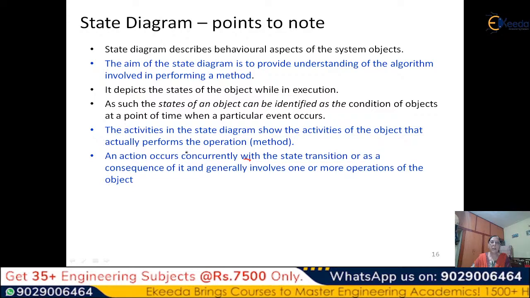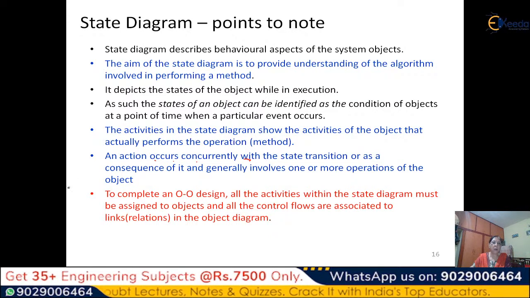I was telling you that it is dynamic: when the system is executing, when the objects are actually alive, that time we are trying to simulate that situation and create the states. And the states of an object can be identified as conditions. That we have all seen. So we'll go to the next slide.